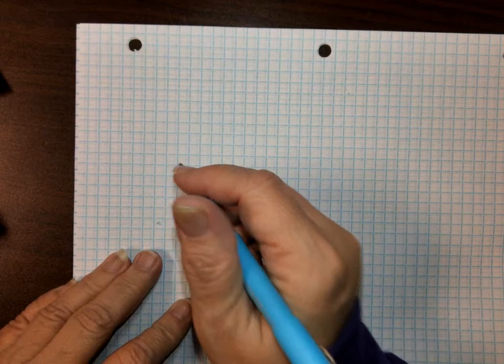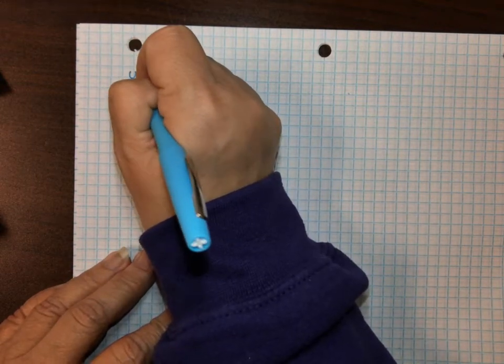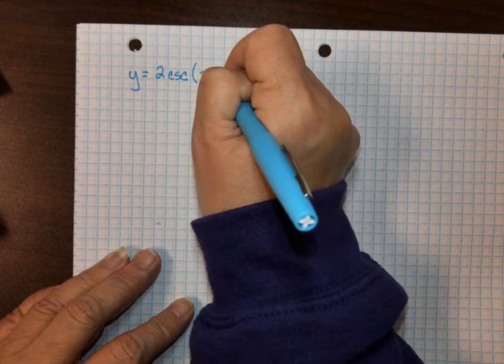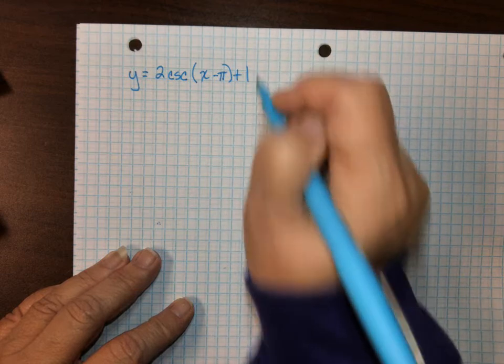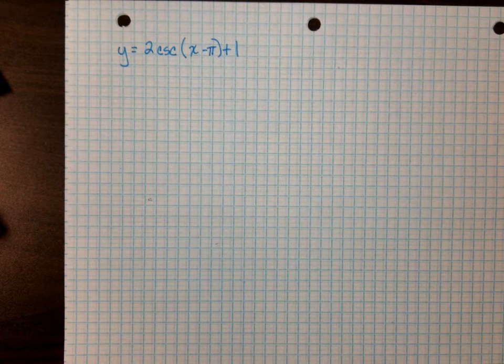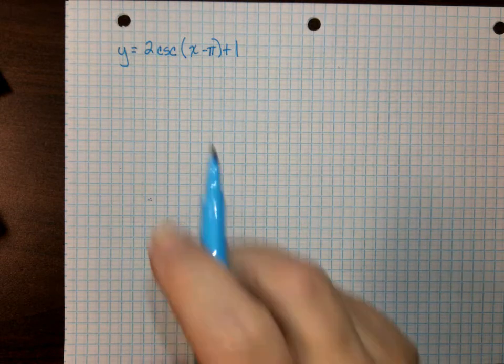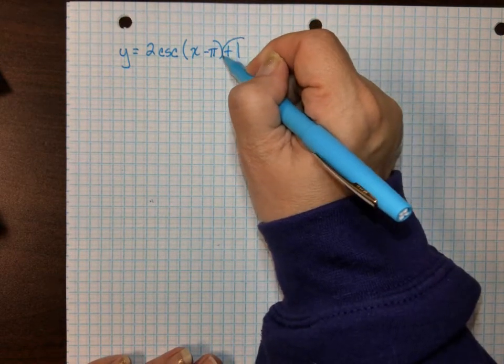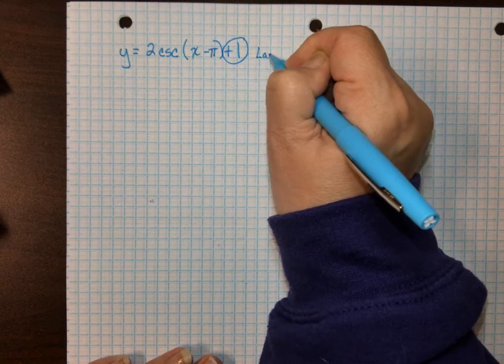So let's say we were going to graph this transformation: y equals 2 cosecant of (x minus pi) plus 1. Remember, in your transformations, this plus 1 is going to come last. And what is it going to cause?